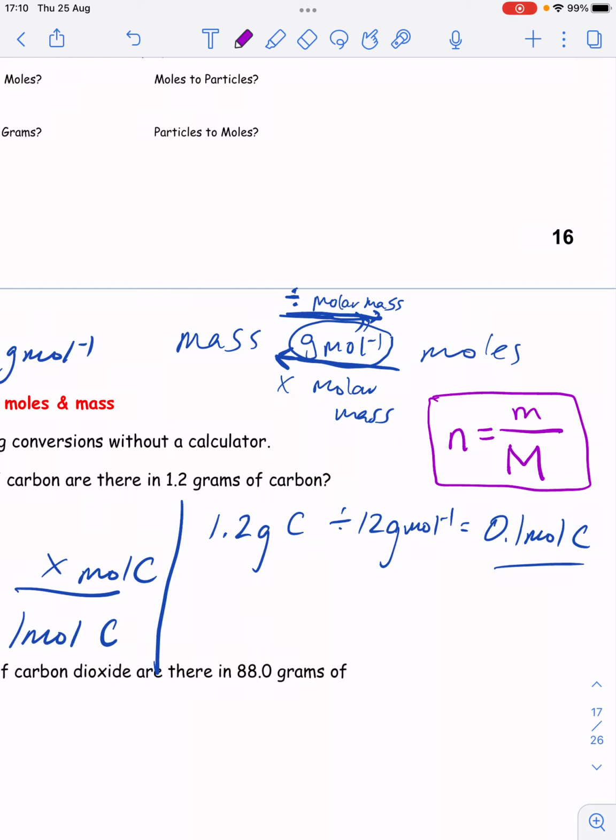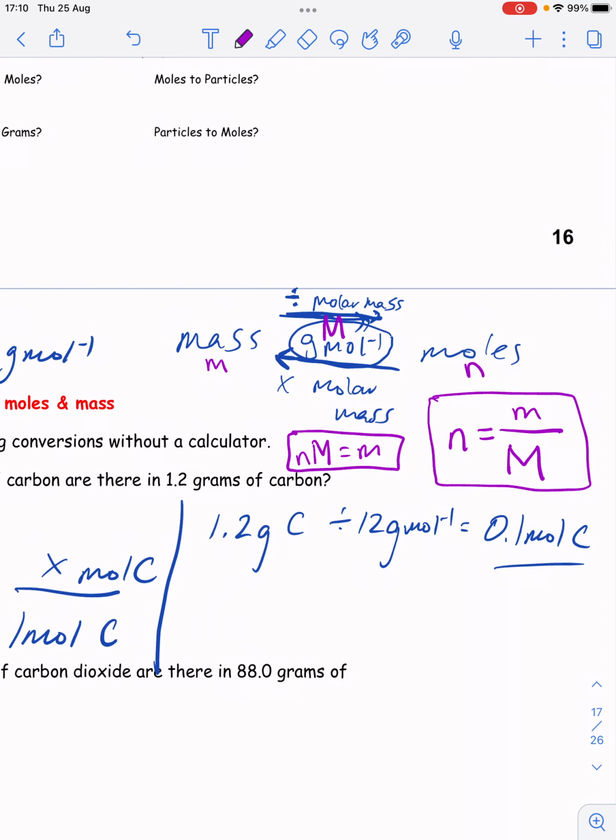Little m is for mass, big M is for molar mass, and moles is n because M was clearly taken. You can also rearrange that equation to solve for mass: moles times big M, molar mass, gives you mass.